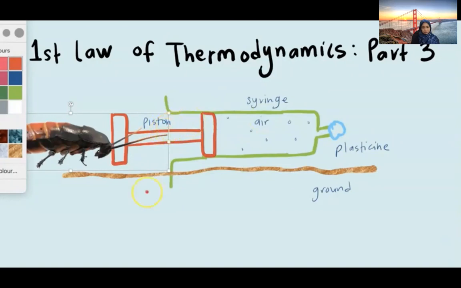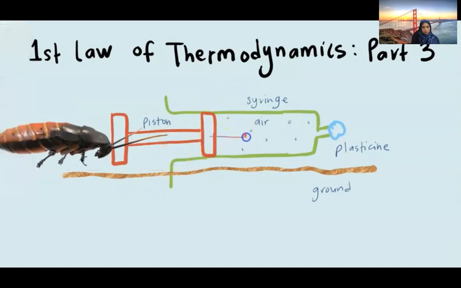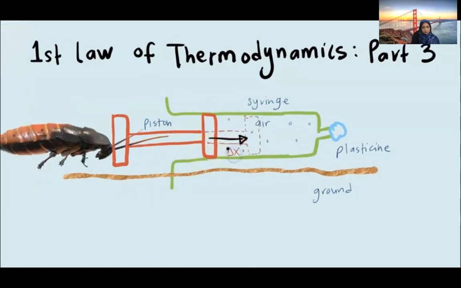He keeps on walking, and this piston moves by a distance x, which means that Abu is also moving by distance x.